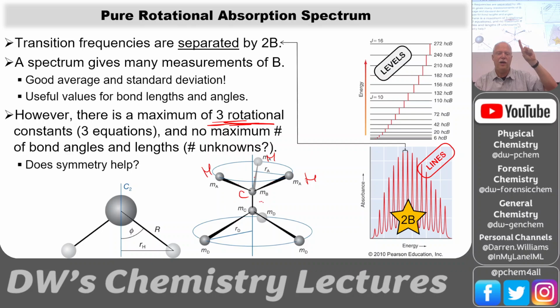We've got this angle right here. We've got this bond length between the carbon-carbon. And if these were deuteriums, then we have 1 bond length on the bottom and 1 angle here. So we've reduced it to 1 here, 1, 2, 3, 4, 5. So we still can't really do it.